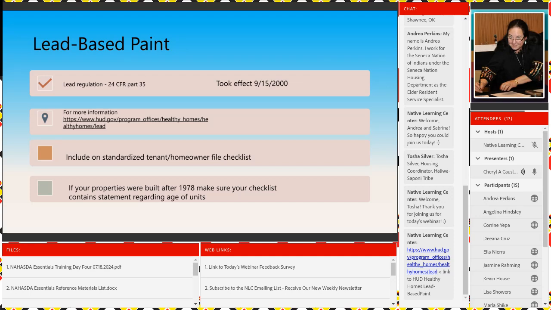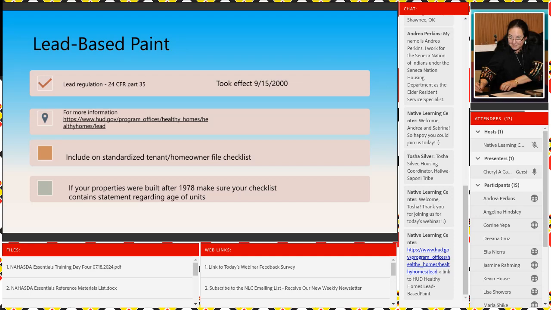You're doing rehab, you're doing mod. It's an easy statement saying, I don't have any lead-based paint. Everything here was built after 1978. That's fine as long as you don't give out any other type of assistance. If you start getting into the other stuff, the rehabs, the mods, TBRA, down payment assistance, lead-based paint still kicks in. So somebody within your staff has to be on top of it, okay?